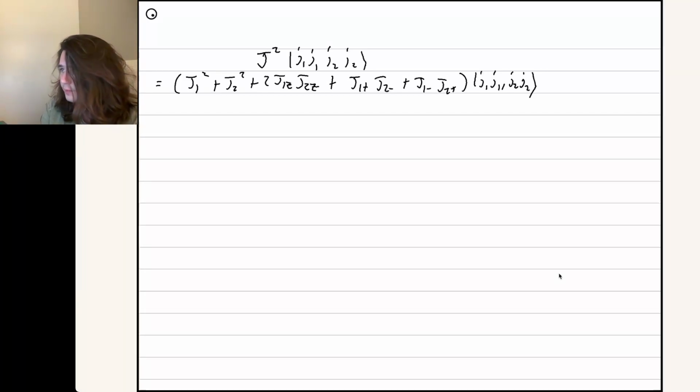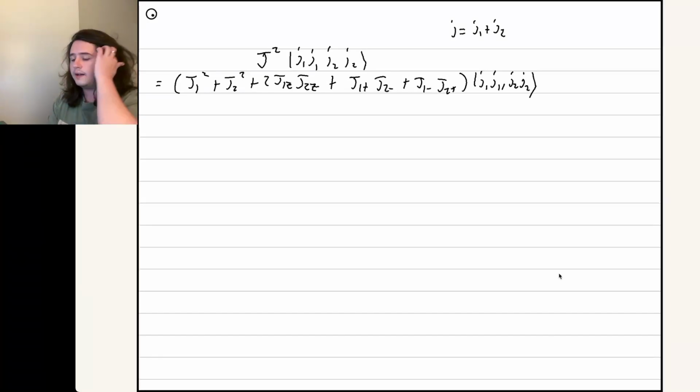We're meant to prove that this provides an eigenvalue for J equals J1 plus J2, and then use that general form in the next part of the problem.